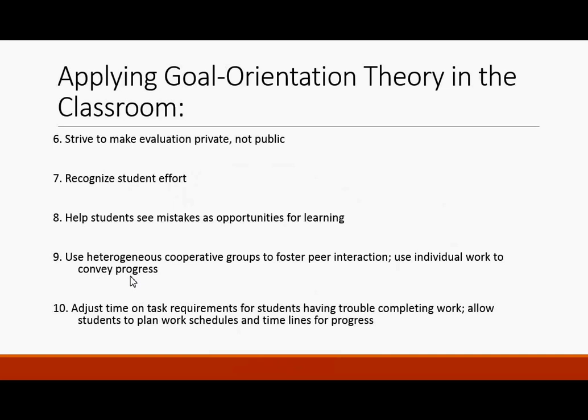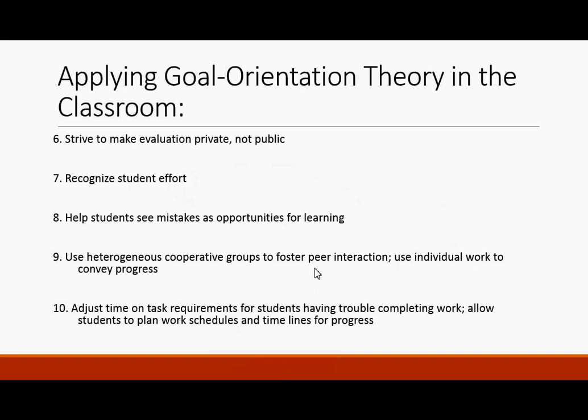Use heterogeneous, which means a variety of cooperative groups and a variety of different types of people, to foster peer interaction. Use individual work to convey progress. Okay, so if we are going to use groups, we want to use different levels of ability within the groups and different types of people.